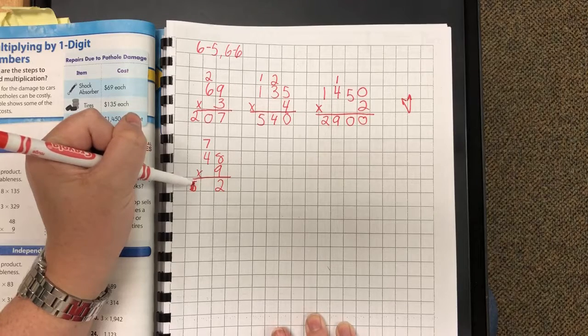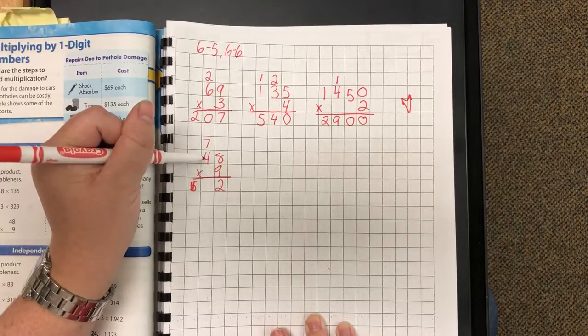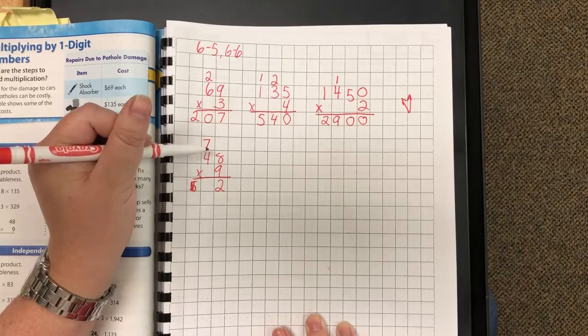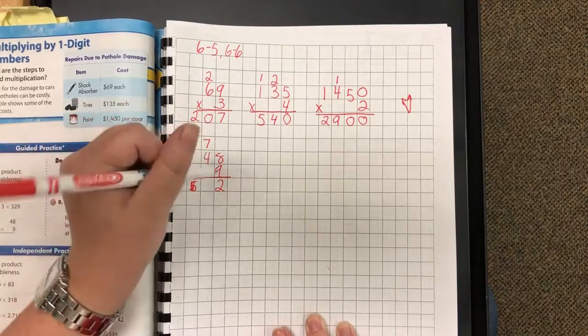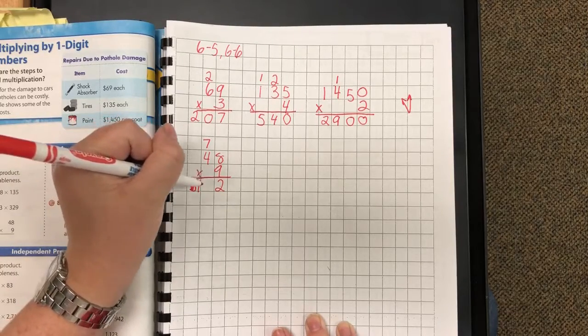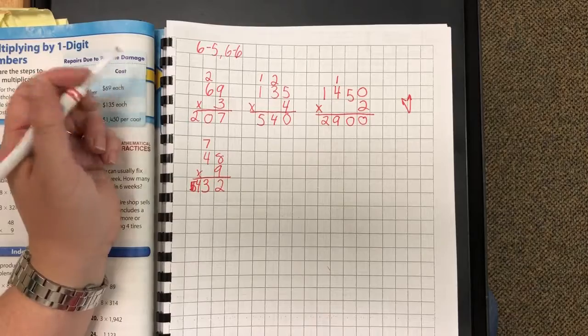Guys, 43. 9 times 4 is 36 plus 7. It's not plus another 10. It's going to be a 4, 3. 432.